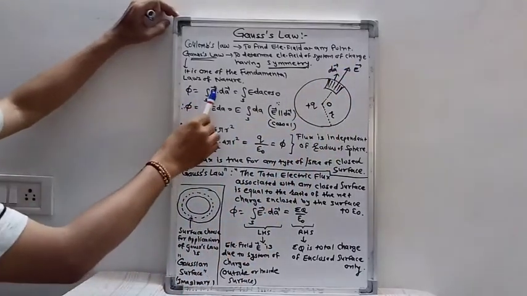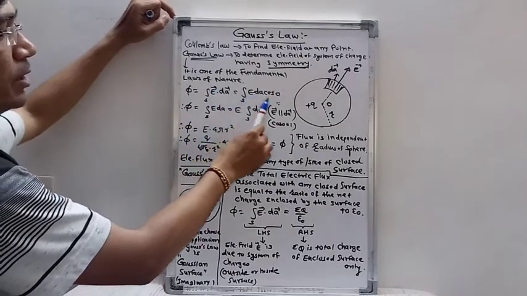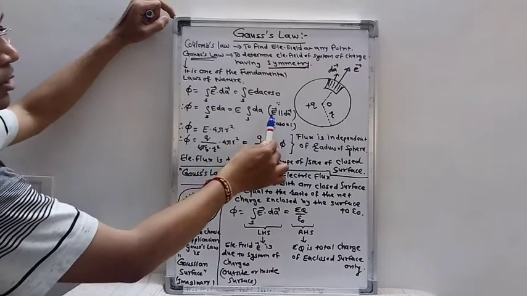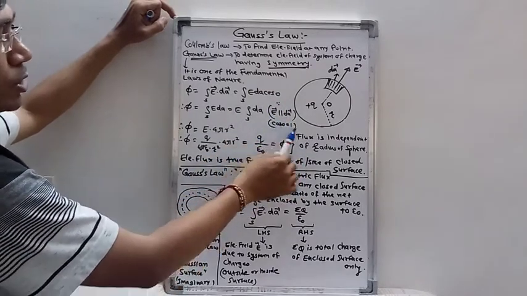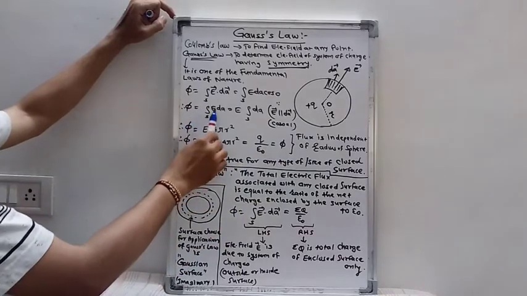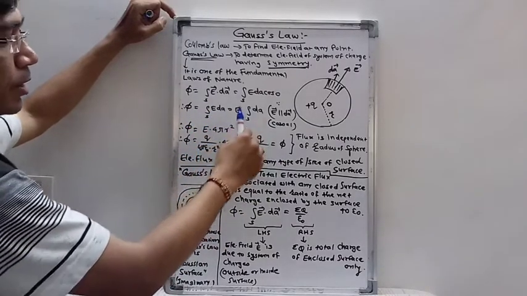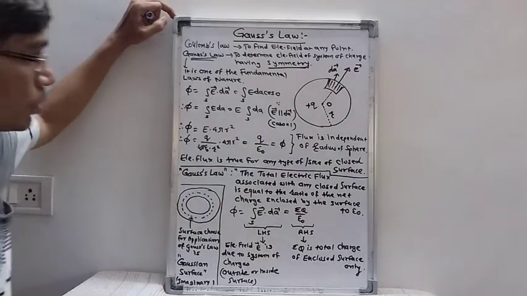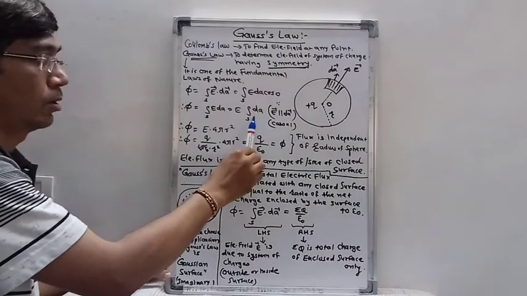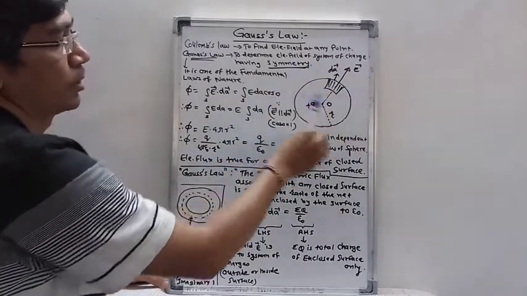So flux is the surface integral of E dot dA, which is the surface integral of E dA cos 0, because the electric field is parallel to the surface area and cos 0 is 1. So flux is the integral of E dA. E is constant, so it is taken outside the integration, E times the integral of dA. The integral of dA is the total surface area of the sphere.